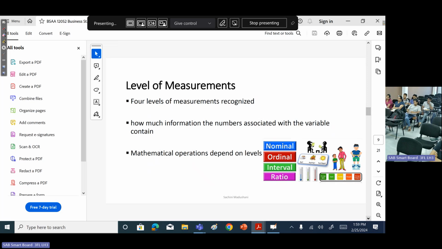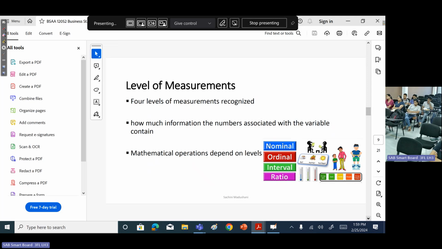It describes how much information the numbers associated with the variable contain. That is the meaning of the level of measurement. Mathematical operations depend on the levels.